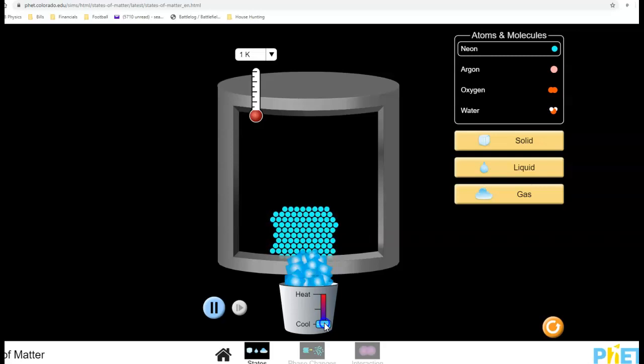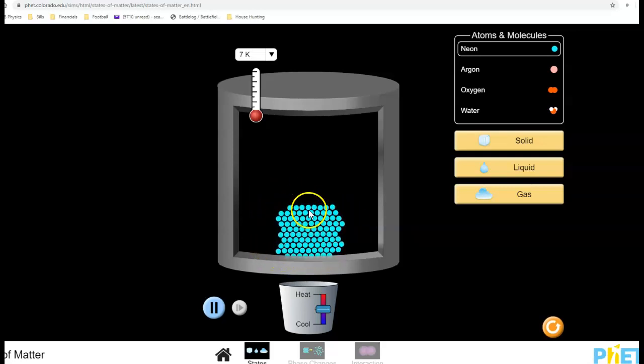Is that 1 Kelvin now? And now it's 0 Kelvin. Okay. Let's see that one more time. I'm going to slowly heat it up a few degrees Kelvin. Take a look at the motion of the individual atoms, not the whole blob of atoms. I realize the whole blob of atoms just bounced off the bottom of the container.